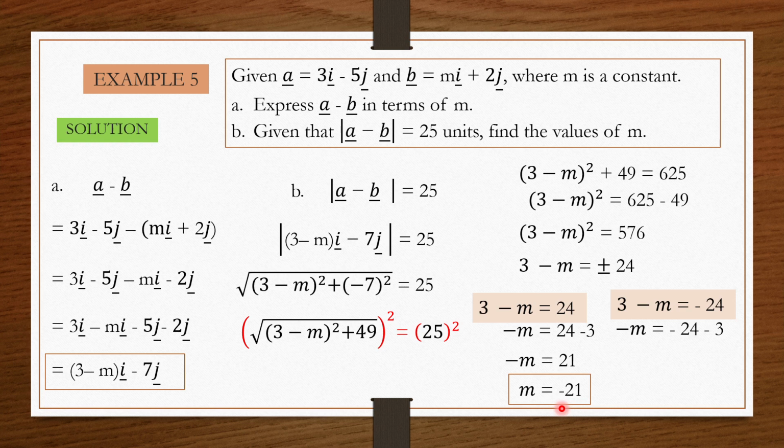And for the second equation, leave negative m. Remember negative m there with negative, so make sure you write the negative. So negative m equals negative 24 minus 3, or negative m equals negative 27, and the final answer of m will be 27. So here you have two values of m.